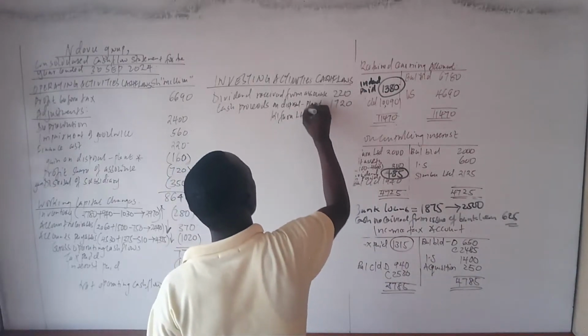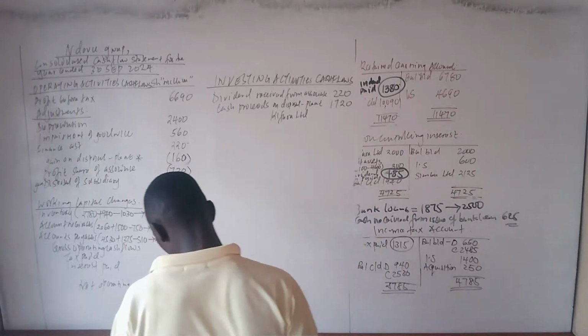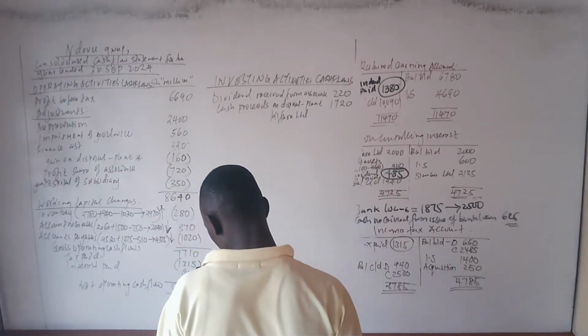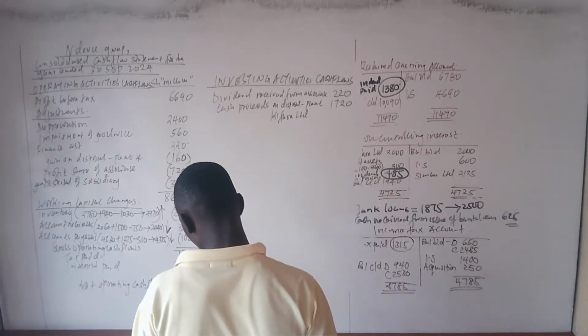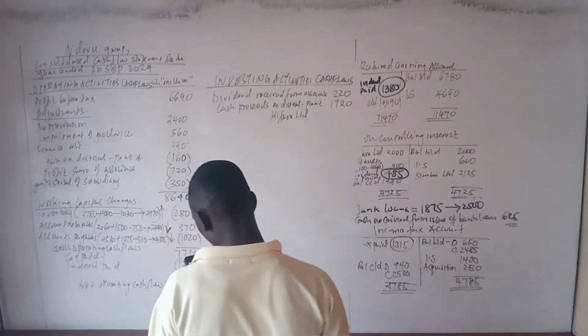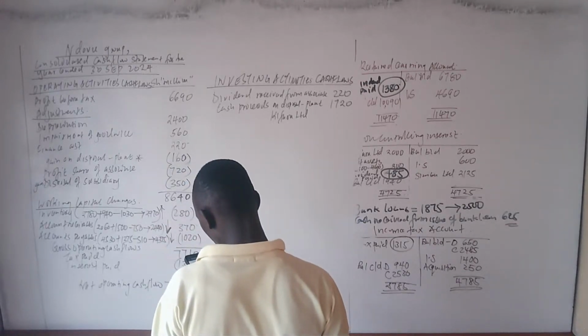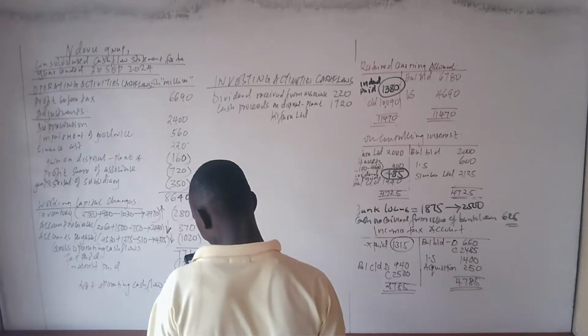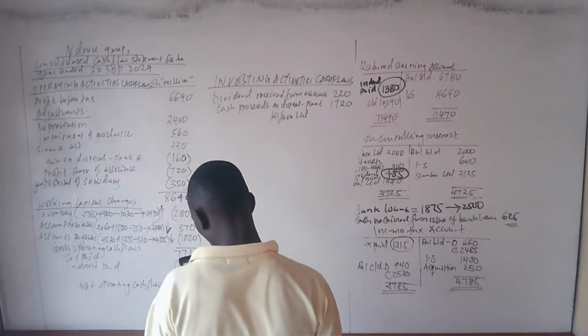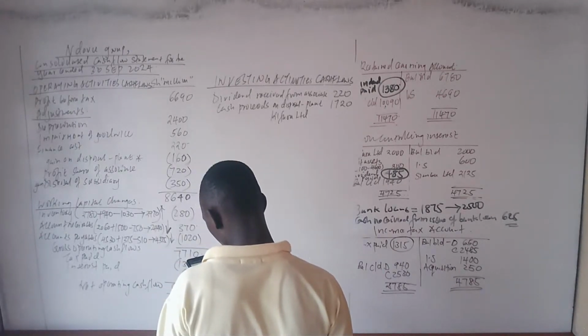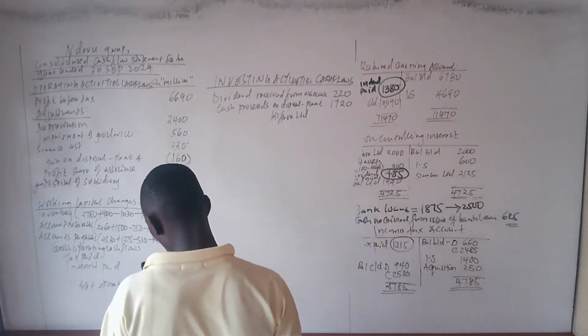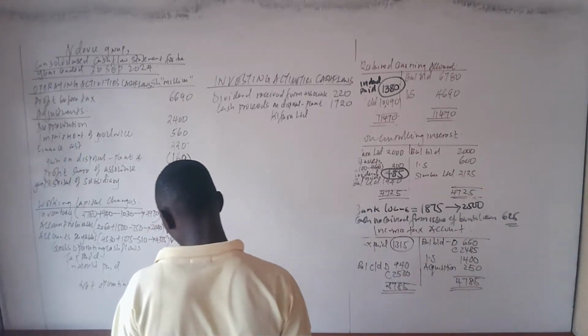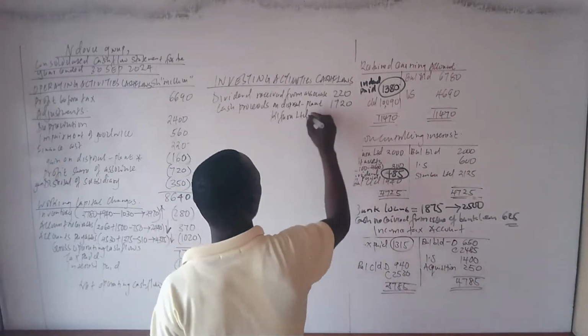Kifaru Limited. How much were the cash proceeds? Kifaru, the subsidiary, the cash proceeds were 5,300. We disposed of it at 5,300.